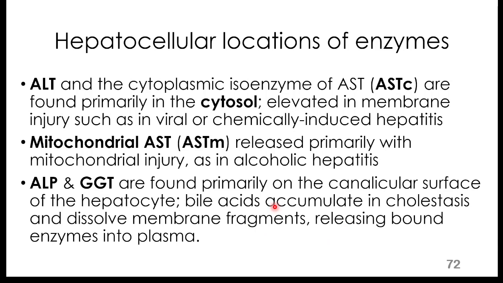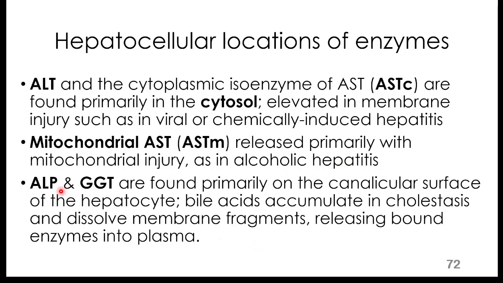AST has two isoenzymes: one that is principally cytoplasmic, that's ASTC, and a mitochondrial AST. So the ALT and the cytoplasmic isoenzyme of AST are elevated in injuries to the membrane of the hepatocyte, such as that caused by viral or chemical hepatitis. But elevation of mitochondrial AST is associated with mitochondrial injuries, such as in alcoholic hepatitis.